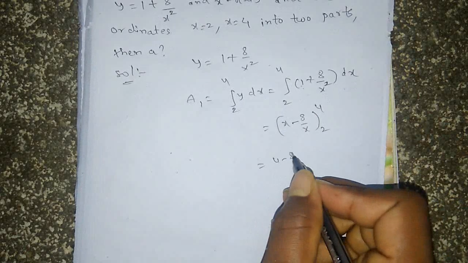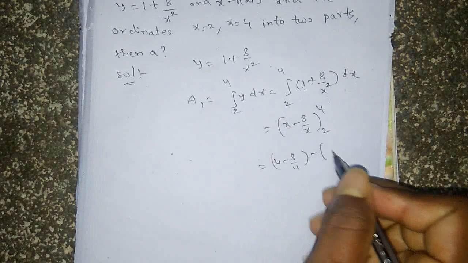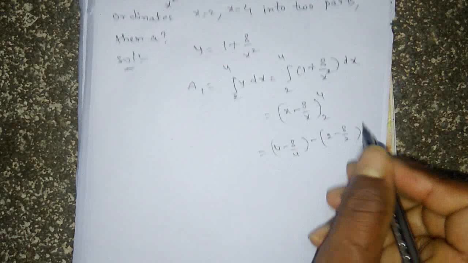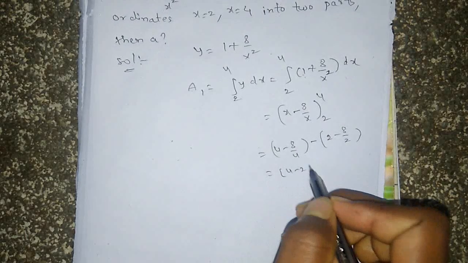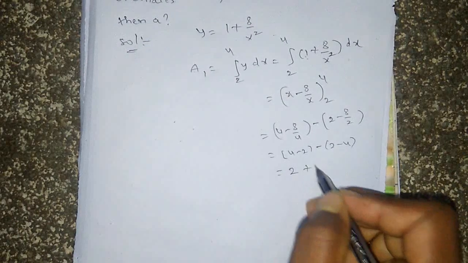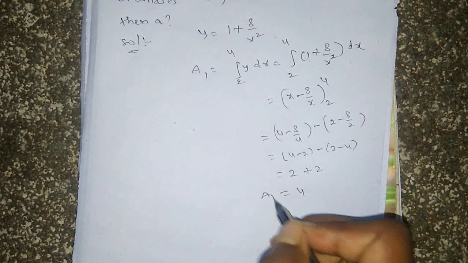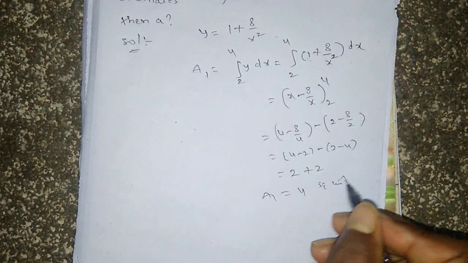That is 4 minus 8 by 4, minus 2 minus 8 by 2. This is 4 minus 2 minus 2 minus 4, that is 2 plus 2, equal to 4. A1 is equal to 4 square units.